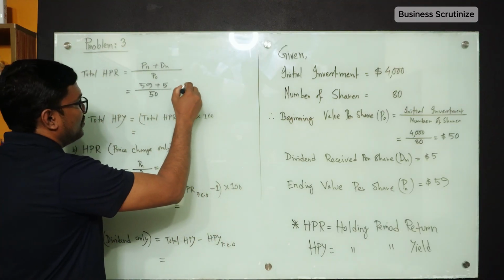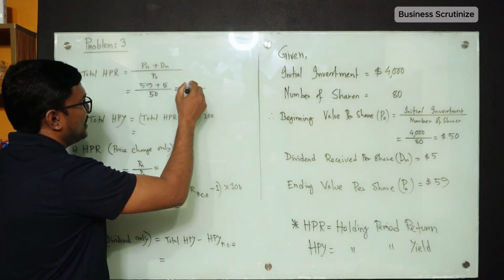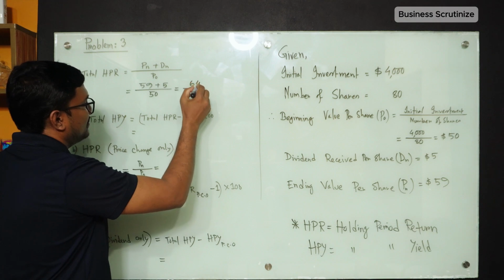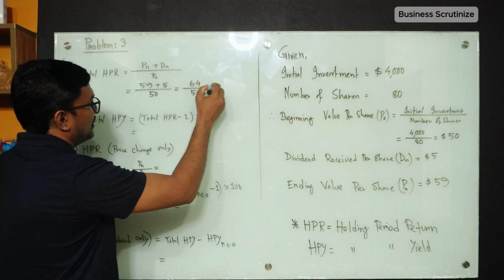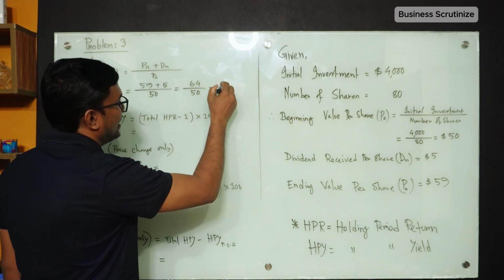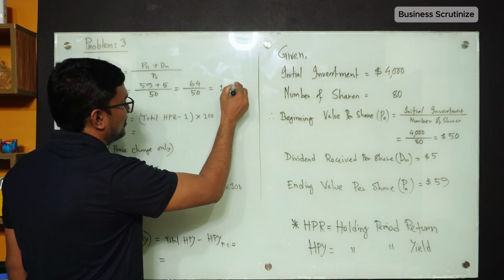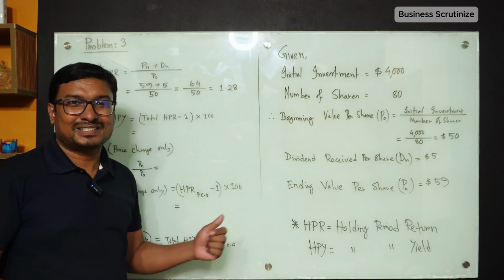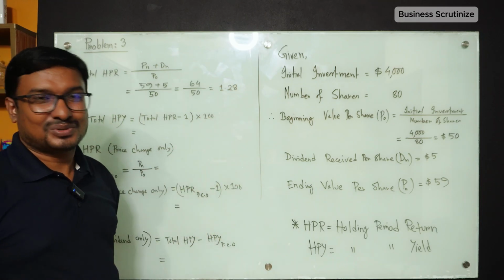Computing this, it is 64 by 50, and we can write 1.28. So very simply we get HPR of 1.28.